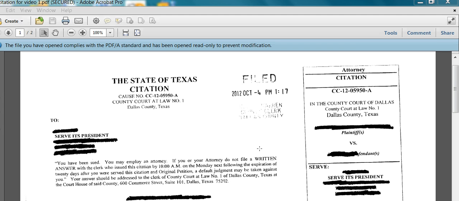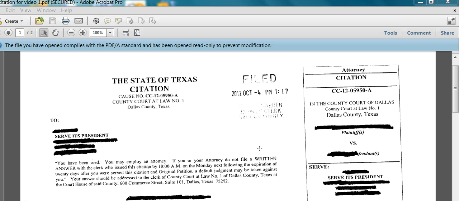I'll tell you now that the contents of the citation are governed by the Texas statutes. So the information that is contained in the citation is all going to be the same or similar. The form of the citation, what it looks like, might be different. And this is the form of the citation that comes out of Dallas County.